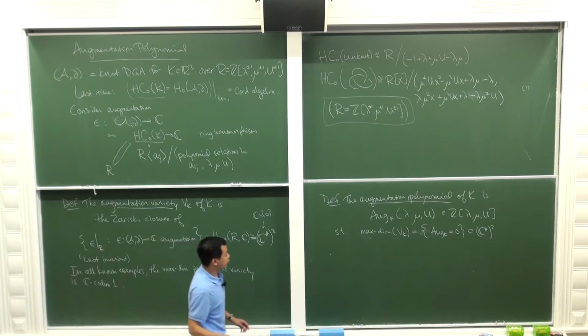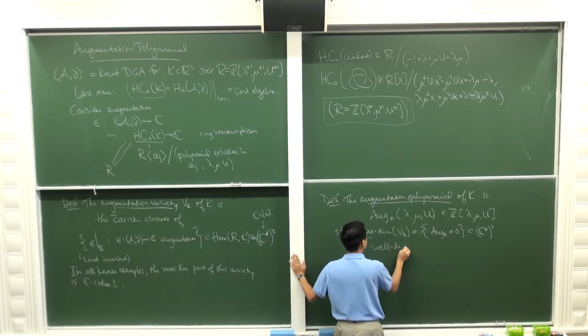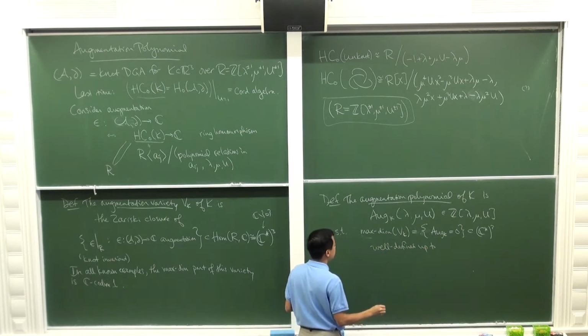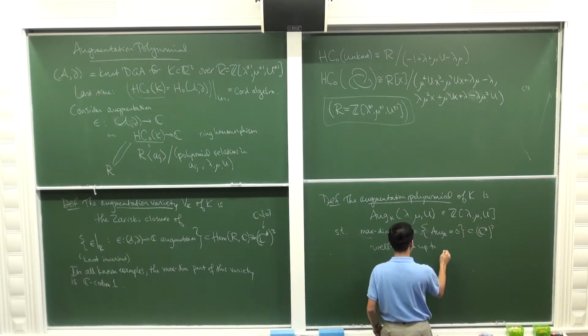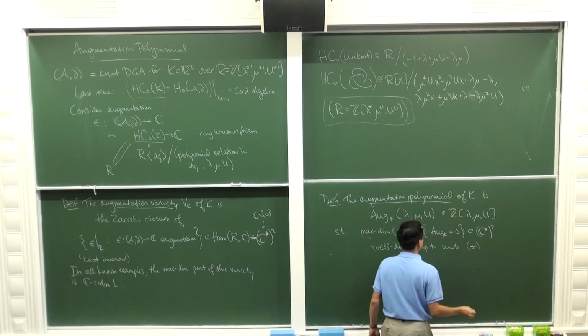And I should note that when I say the augmentation polynomial, it's not completely well defined, it's well defined up to units. Actually, if I assume that it's not divisible by lambda or mu or u, then in that case it's well defined up to plus or minus.